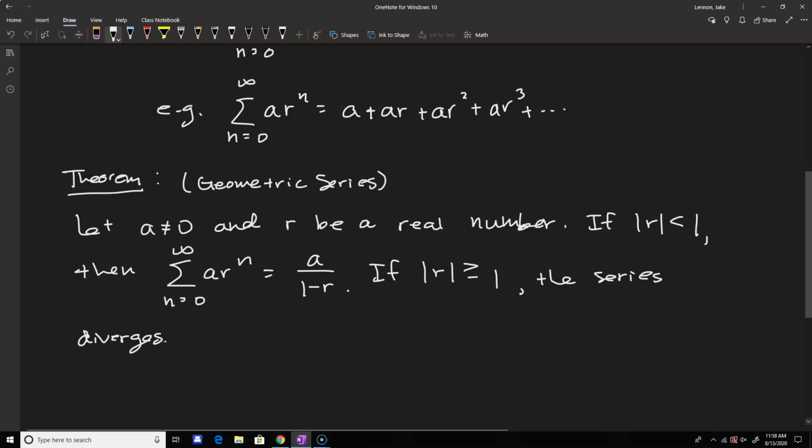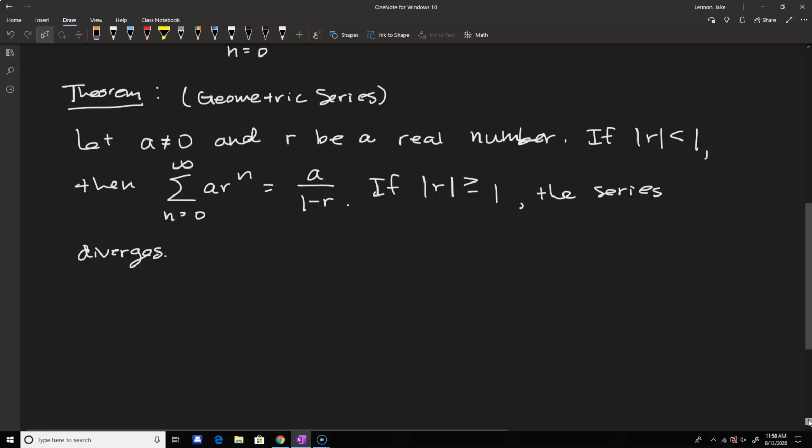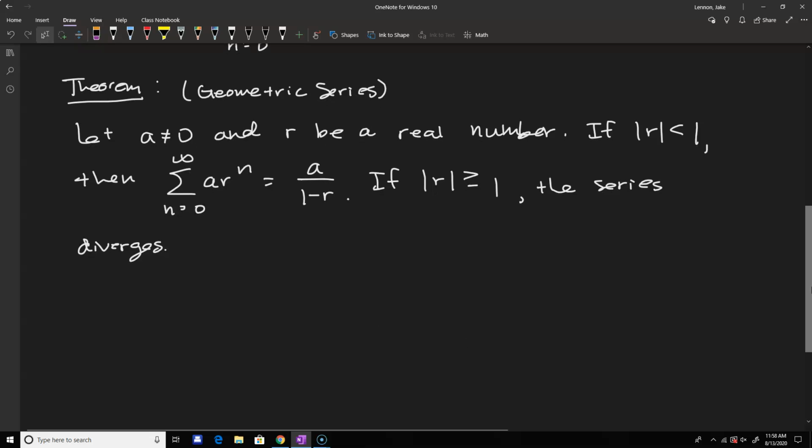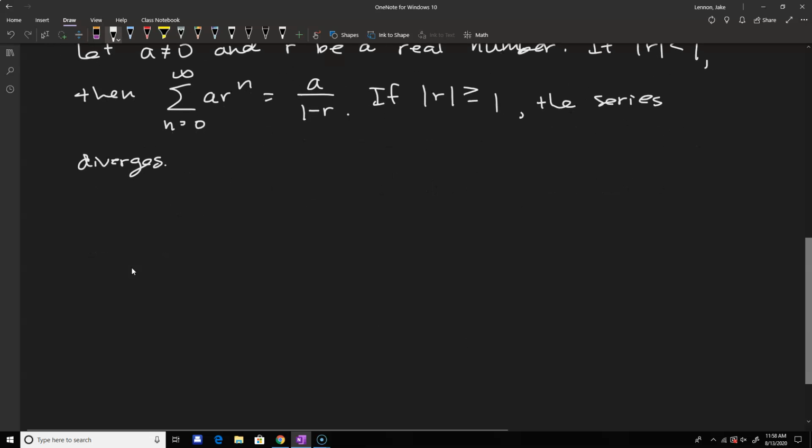So those are the cases. We can look at some simple examples and figure out exactly what they converge or diverge to using this simple little series. A lot of our tests for convergence of other series are actually based, at least in the proofs, on comparing to geometric series.